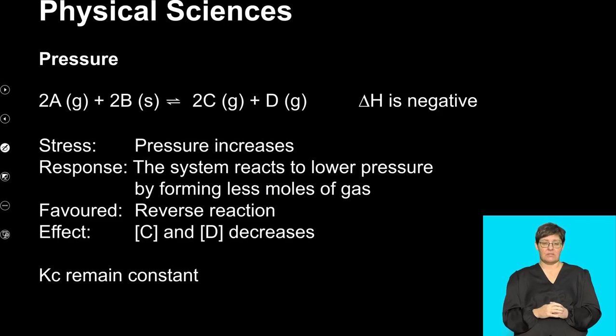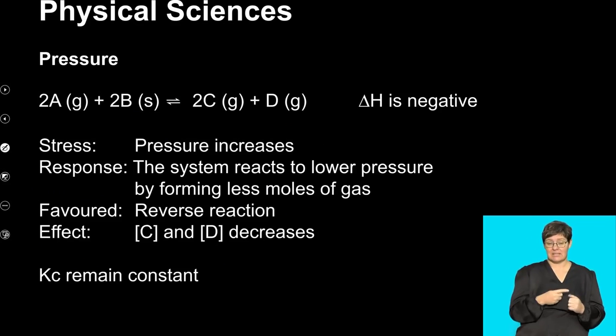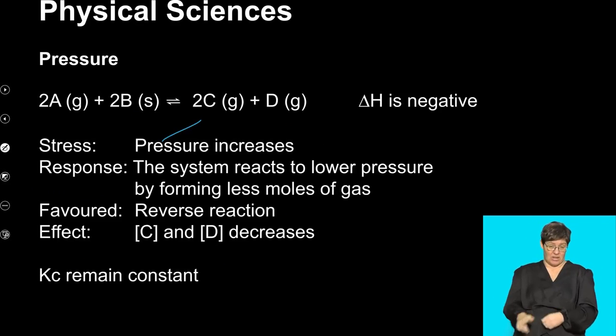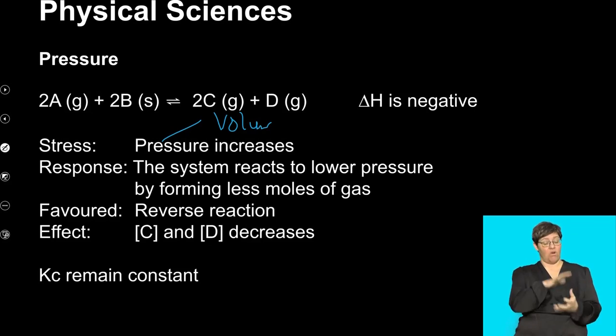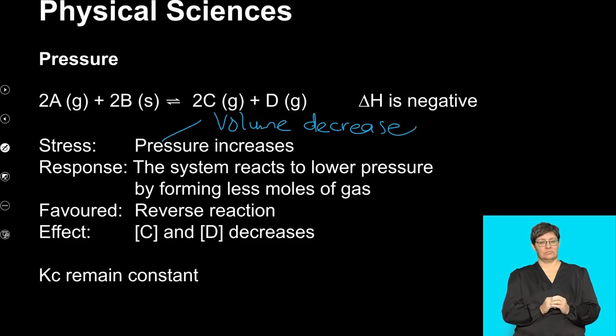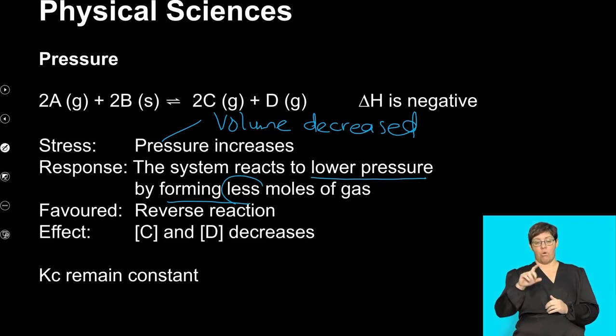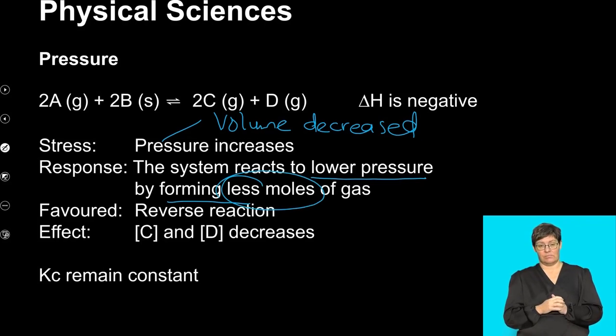So let's look at what Le Chatelier says. The disturbance or the stress was an increase in pressure. Remember, the volume was decreased. So the system's response is to react to lower the pressure by forming less number of moles of gas.